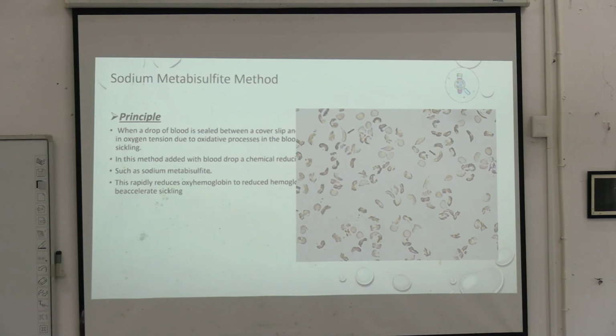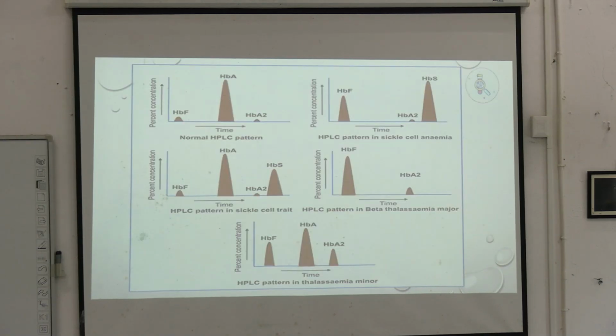And after this we will suggest the patient go for an HPLC, that is high performance liquid chromatography, or hemoglobin electrophoresis to find out the abnormal hemoglobins. In HPLC, this is how your HPLC graph looks. This is a normal HPLC graph where a patient will have a normal quantity of hemoglobin A, that is the adult hemoglobin, little or no hemoglobin F and hemoglobin A2.